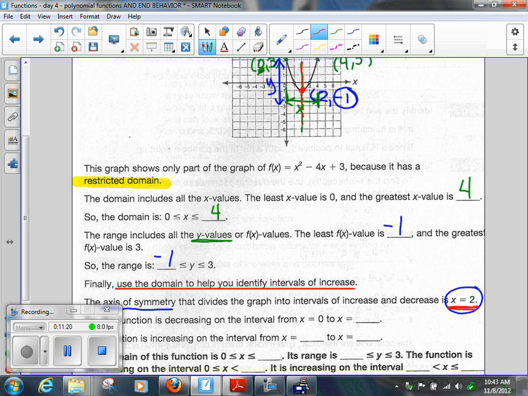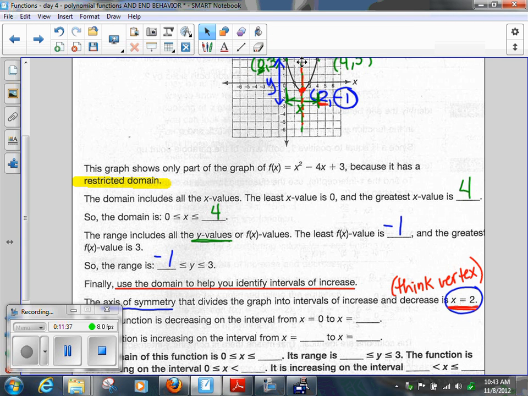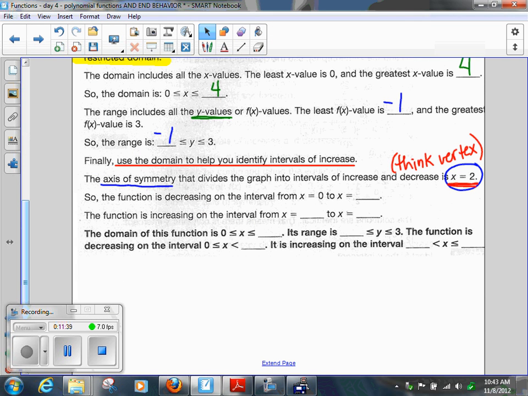And look at my x value in my vertex. Isn't it 2? That's going to be very helpful to us. Axis of symmetry, we think vertex.